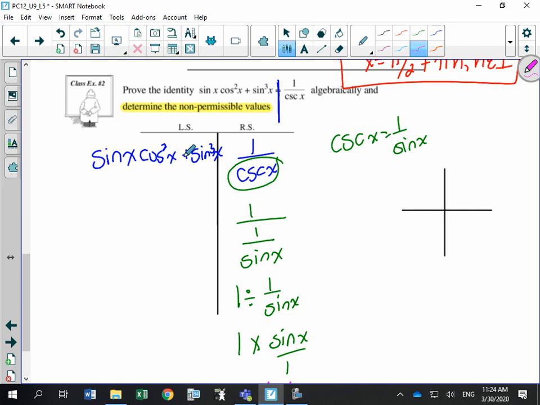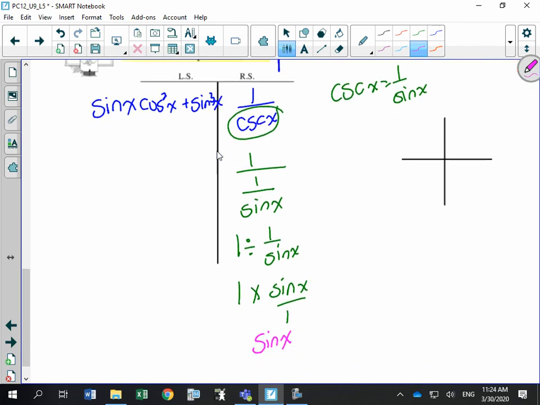So I'm going to say, okay, is there anything that I could factor in here? If you have a sine of x and a sine cubed over here, what I could factor out from each of those fractions is the sine of x. So whatever you factor out goes in front of your bracket, and your answer goes in the bracket.